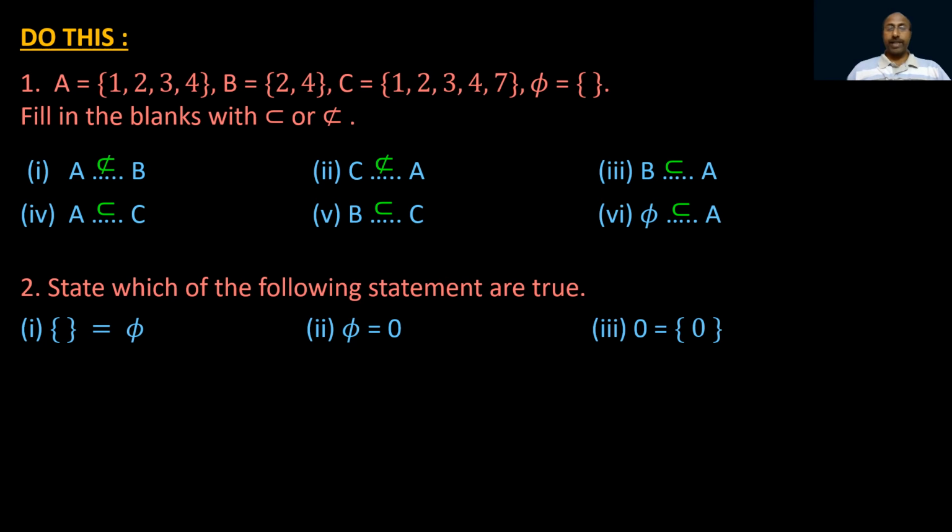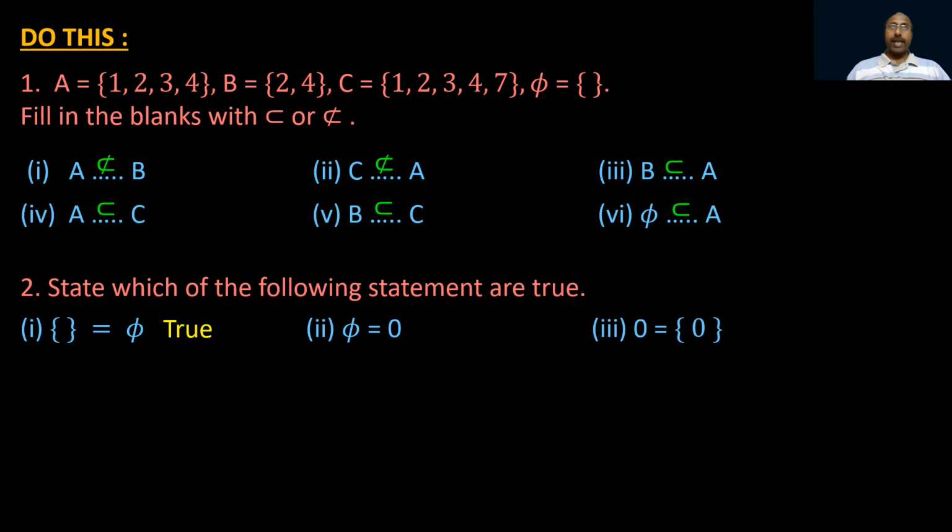The first statement is true, because we know that the empty set is represented by phi. In the first one we have the empty set and it is given that the empty set is equal to phi. So the first one is true. And the second one is phi equals 0. So phi is an empty set, but 0 is an element.